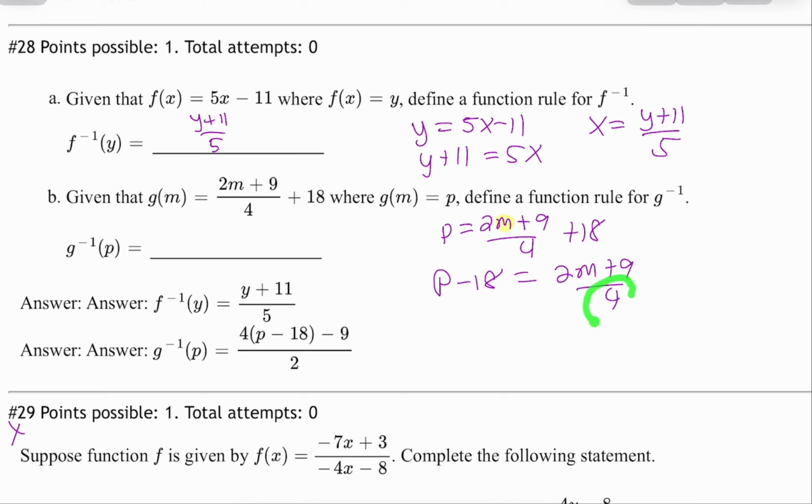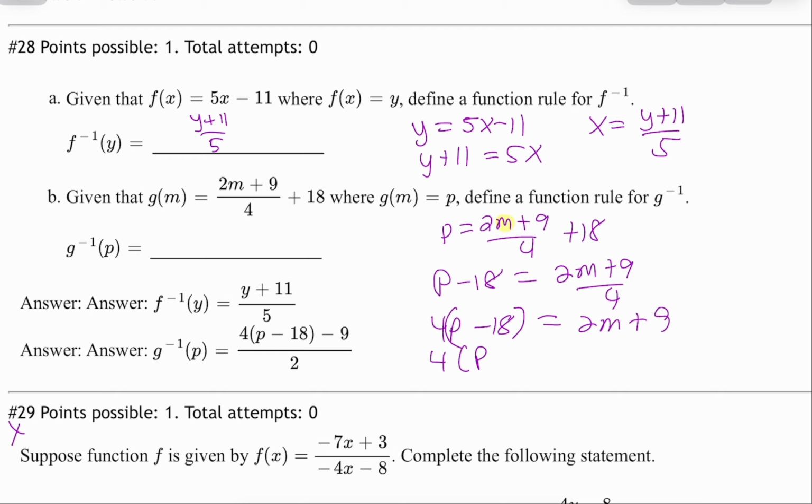Now the next thing I would do is get rid of that 4. If it's dividing on the right, it'll be multiplying on the left. So if we multiply all of that by 4, we get 4p. Well, they just write it as, hey, I'm going to multiply. Oh, we could have multiplied. Okay. And then they subtract the 9 from both sides.